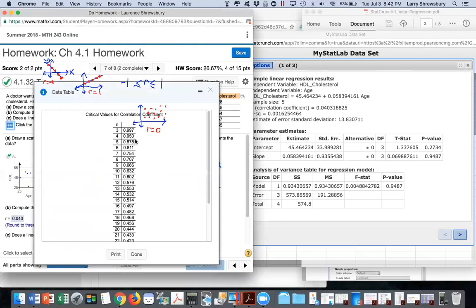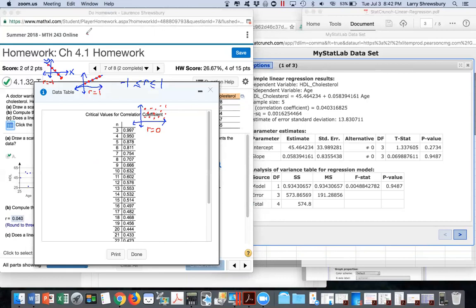Okay. And what we say is the absolute value of r. So if it was a negative number, you would just take its absolute value. So our value for r has to be at least this big, 0.878. In fact, let's jot that down.